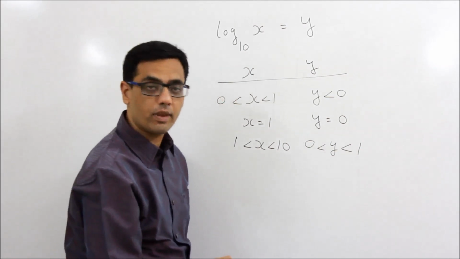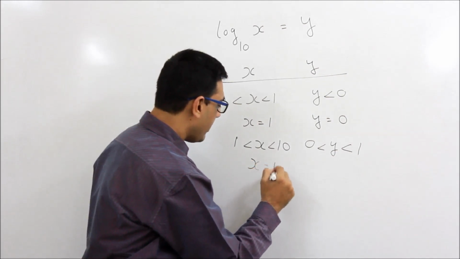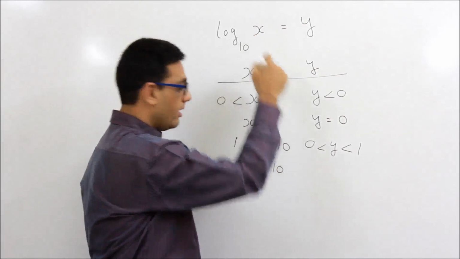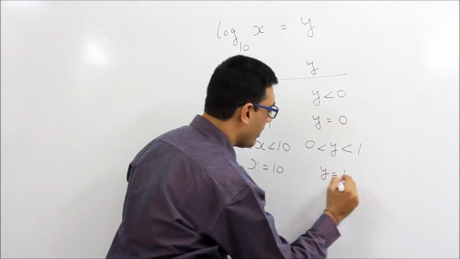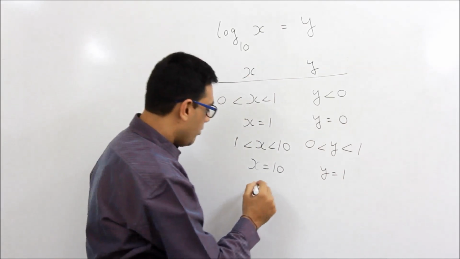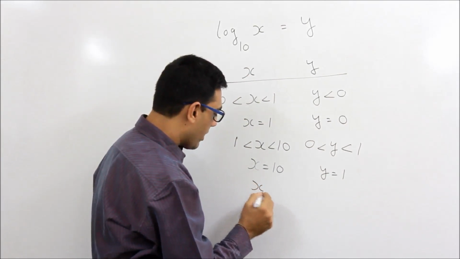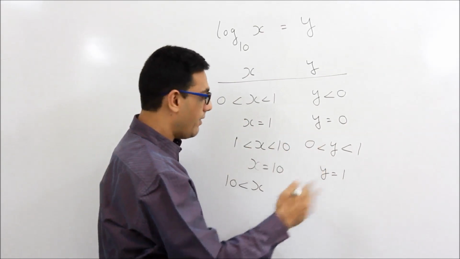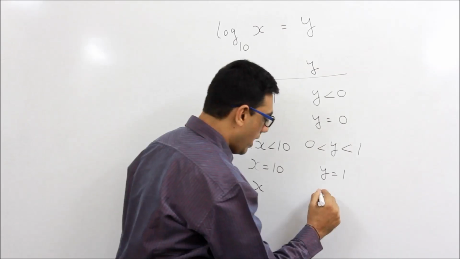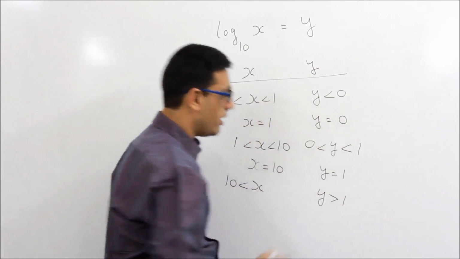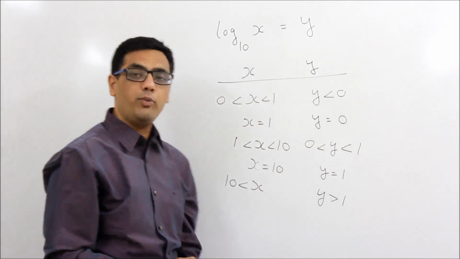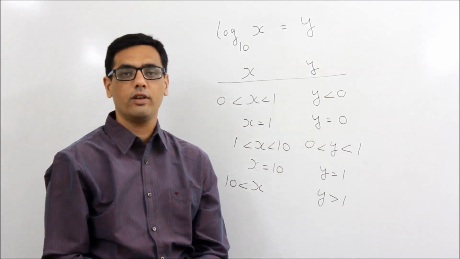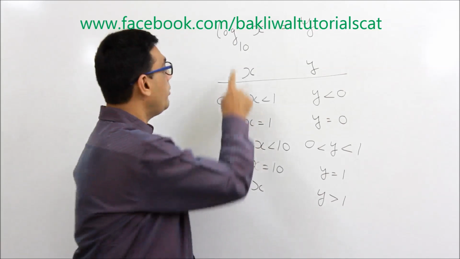Please understand. The moment I take x exactly 10, log 10 of 10, the y value is exactly 1. And the moment x is greater than 10, any number, 11, 12, infinity, y will come greater than 1. I am sure it's pretty clear, these are the corresponding domain and range of the logarithm to the base 10.